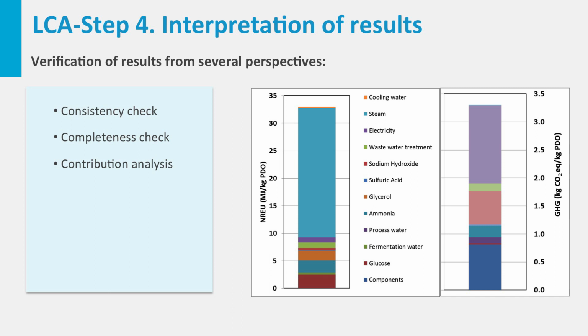Contribution analysis allows to identify the flows and processes contributing most to the environmental impacts. For example, in this case, the steam consumption and sugar have the highest contribution to primary energy use, while sugar and electricity consumption are the major contributors to GHG emissions.